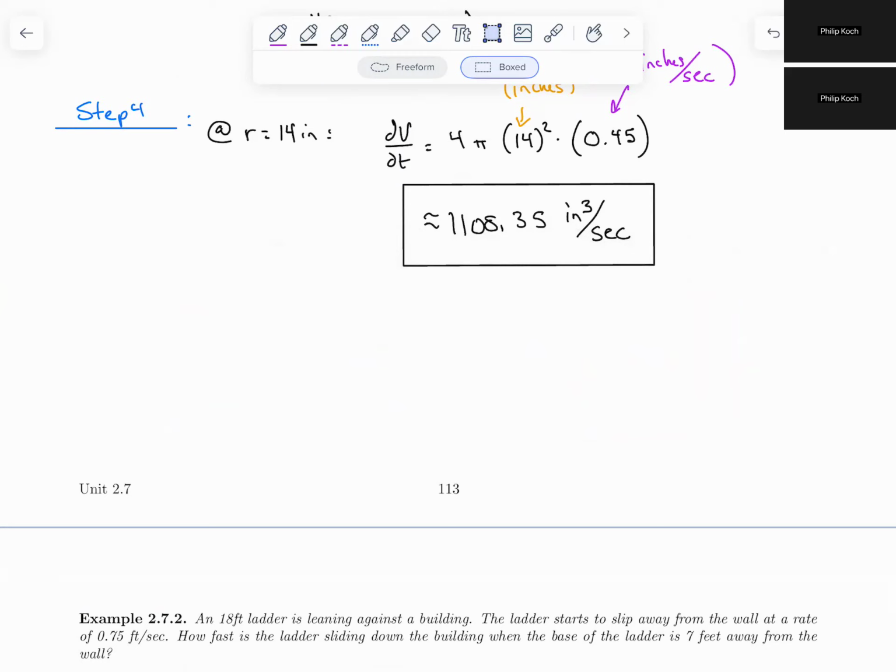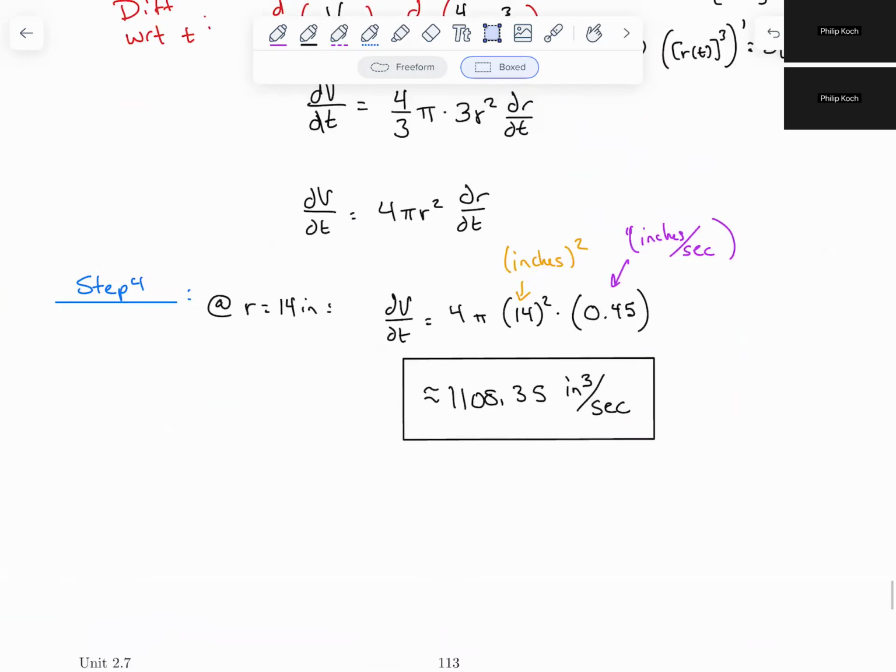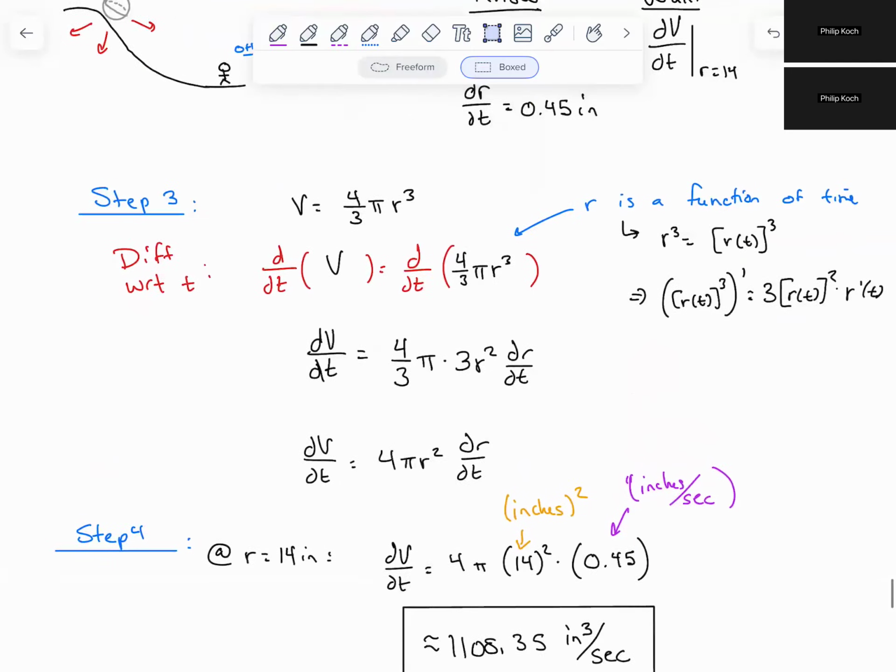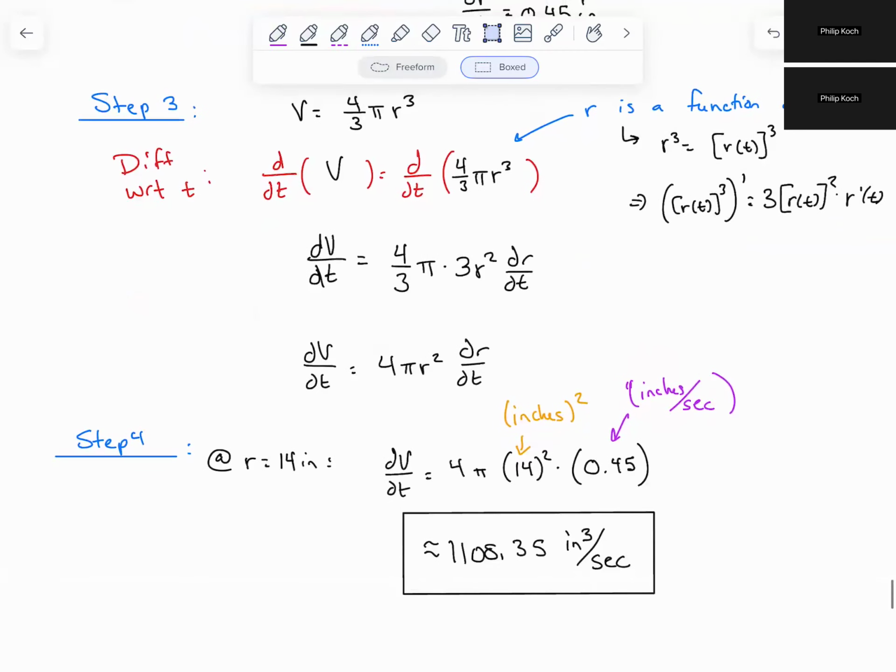We couldn't plug that in until we had differentiated, because the original formula didn't have a dr/dt. But after we differentiate, right here, it's totally fine to plug in 0.45.